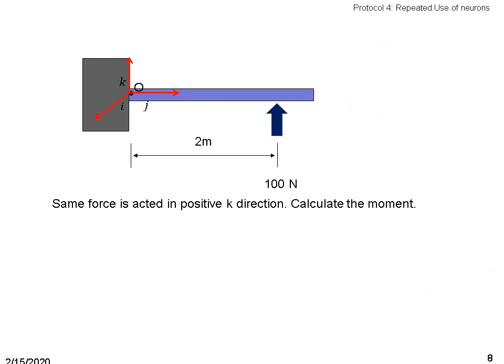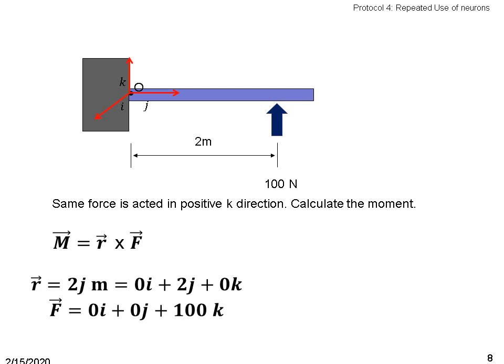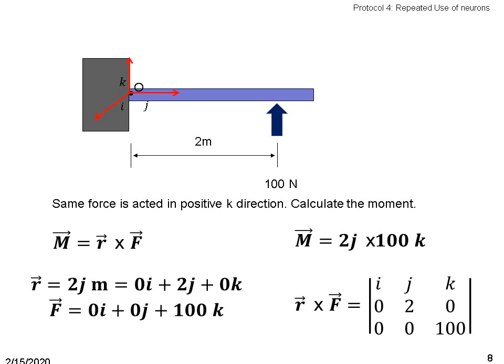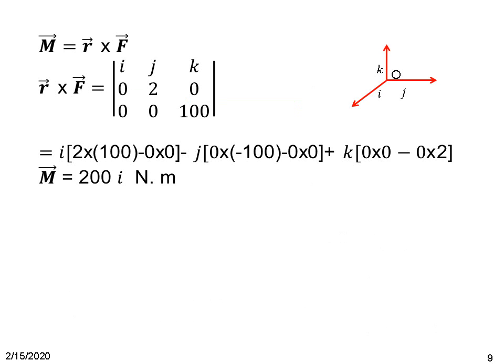Another problem, the only difference here is the force is acting in the positive K direction. So we have the same position vector R, and the force vector is in the positive K direction, which is 100 Newton. The same process for calculating the moment vector, R cross F, and the determinant.